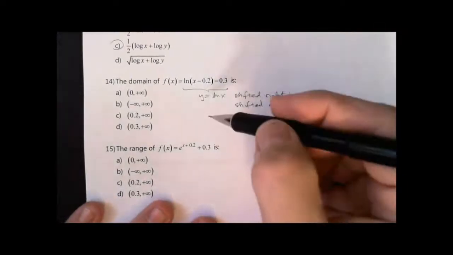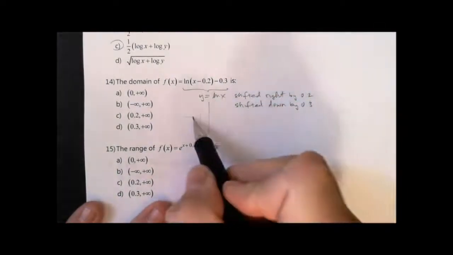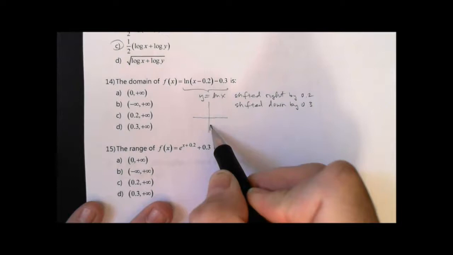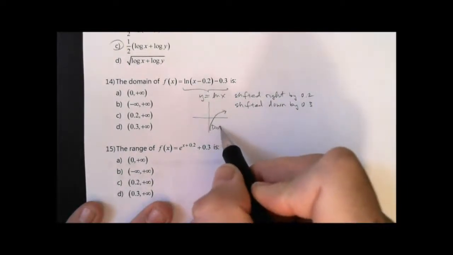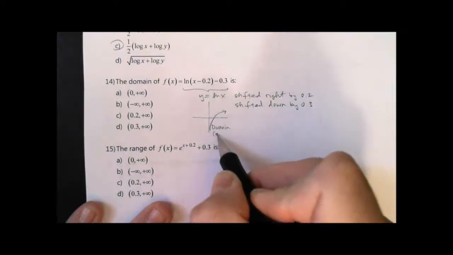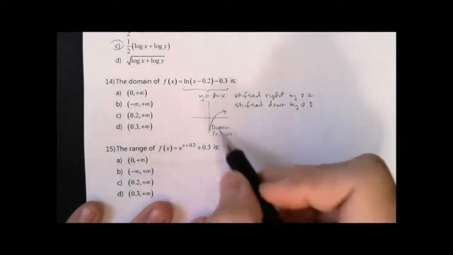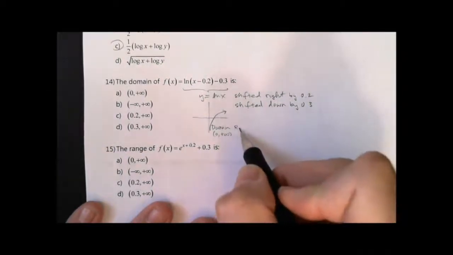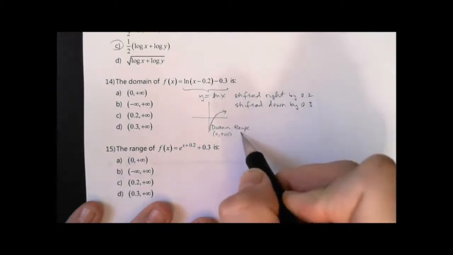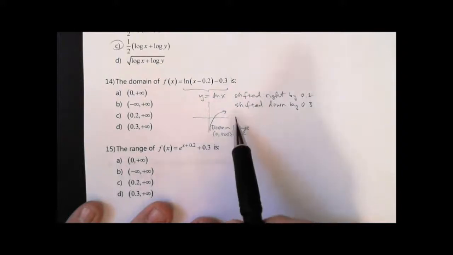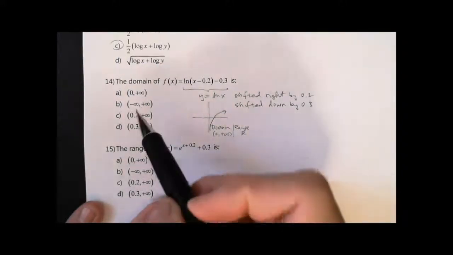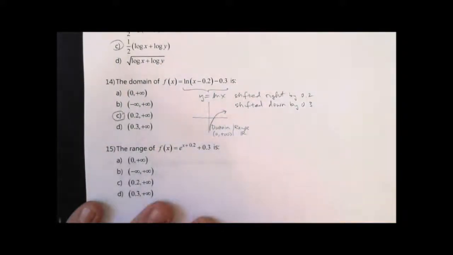And if you remember, the domain of this guy was 0 to infinity, and the range was all real numbers. So if we shift this to the right by 0.2, what was 0 to infinity now becomes 0.2 to plus infinity. And the range is still the same thing.